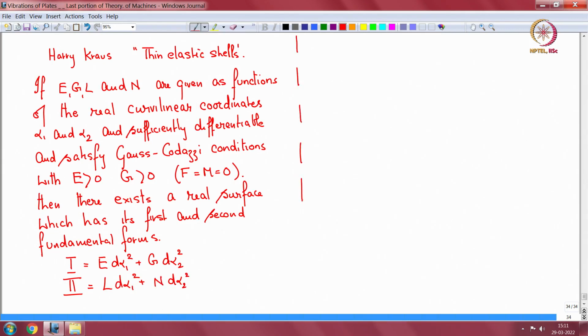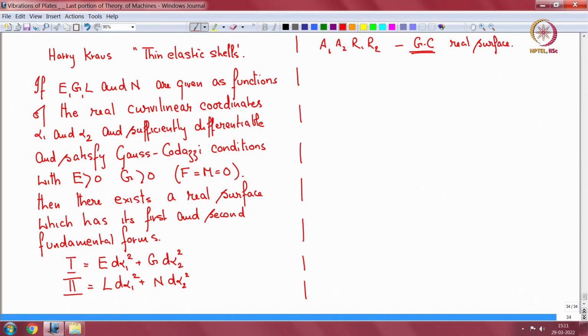So if you find a certain A1, A2, R1 and R2 and they satisfy the Gauss-Codazzi relations, then that means it is a real surface. That is what this is saying.